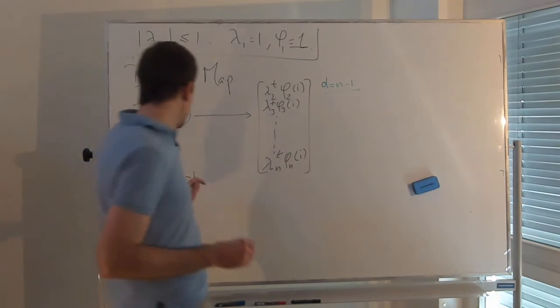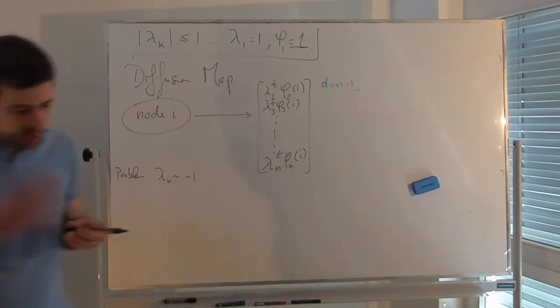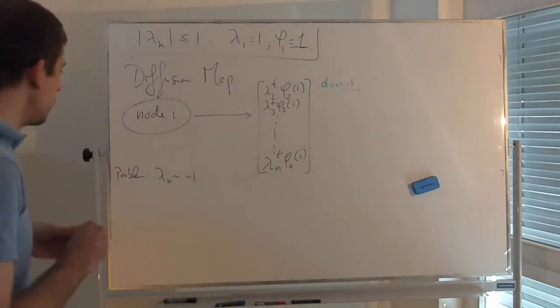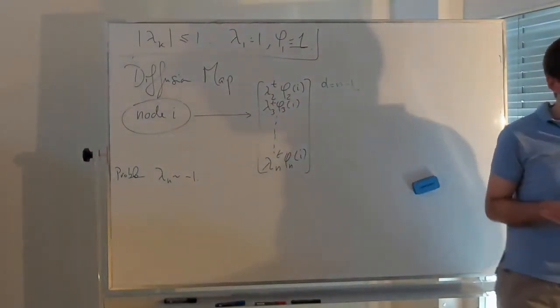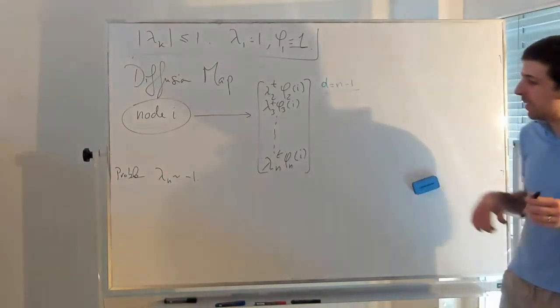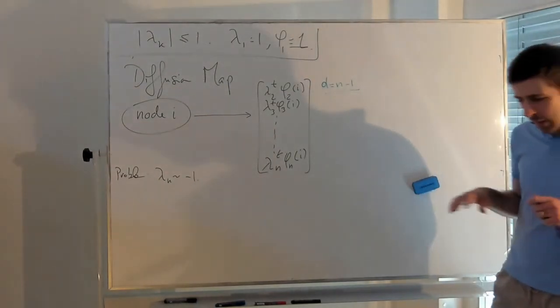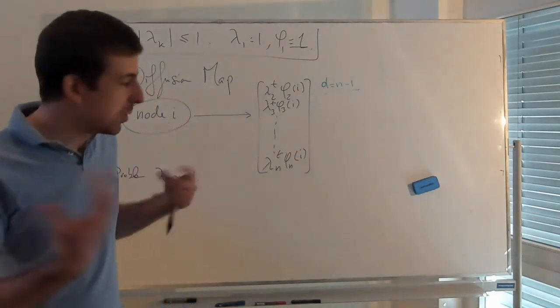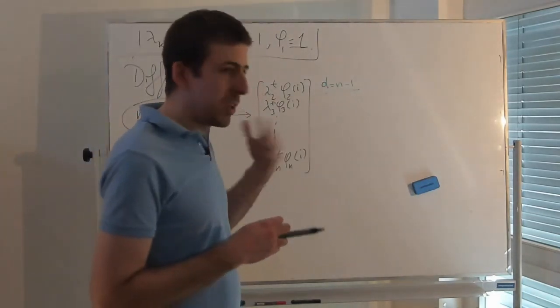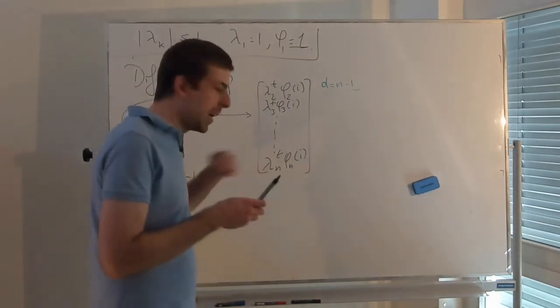And in fact, we know that this is also a very nice homework problem to think about, that lambda n is equal to 1, essentially, if and only if the graph is bipartite. Right? This is a very nice thing to show, that you can see properties like bipartiteness and properties of the graph also on the other side of the spectrum.